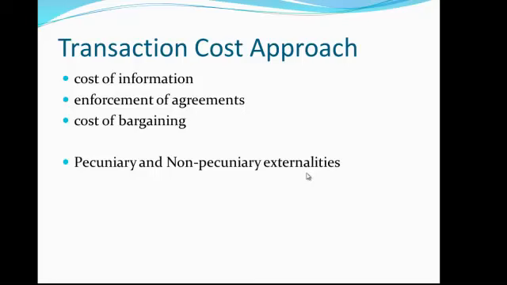Theorists consider FDI for reducing the transaction costs and internalizing these non-pecuniary externalities which come out of the imperfect market scenarios. These can be done by horizontal and vertical investments. Horizontal investments are done to internalize intangible assets.